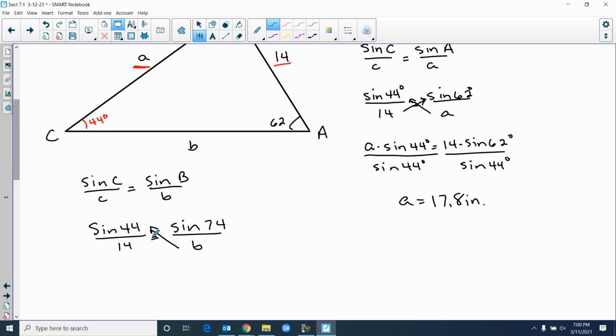Cross multiply. B times the sine of 44 equals 14 times the sine of 74. Divide by the sine of 44.